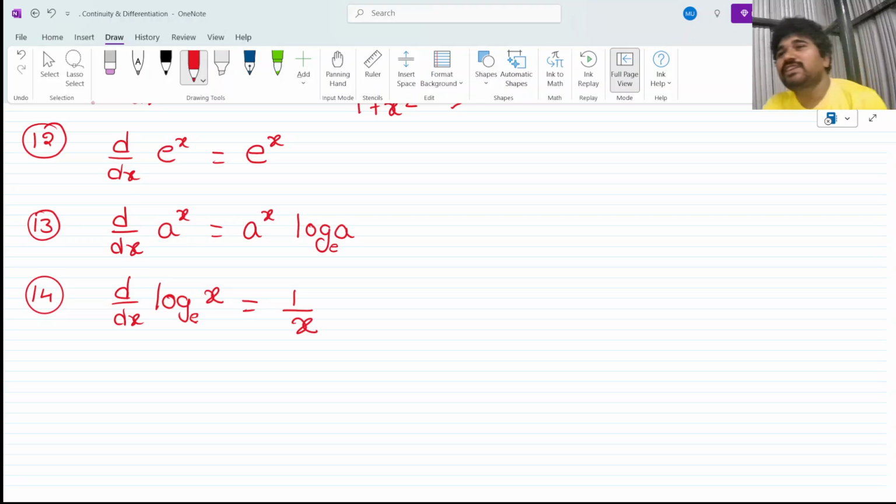What is the differentiation of log x? 1 by x. Clear for everybody? Yes or no? Understood? Very good. So, fine. That's it. These are the formulas which you need to remember.